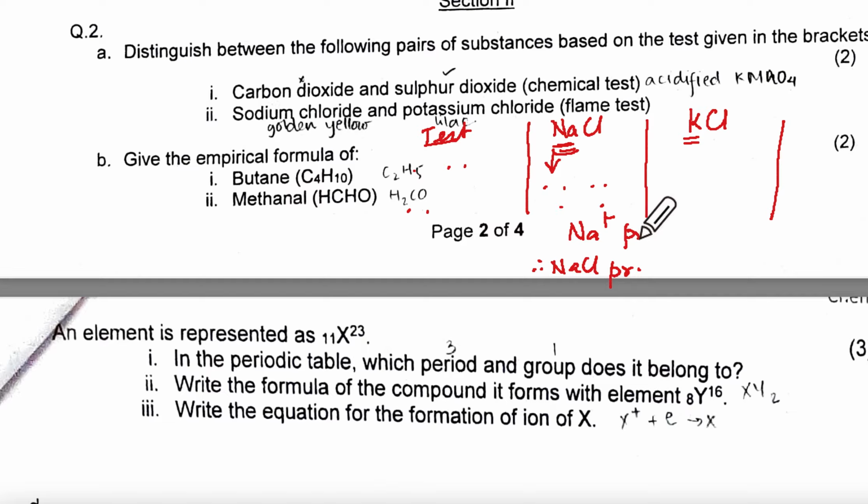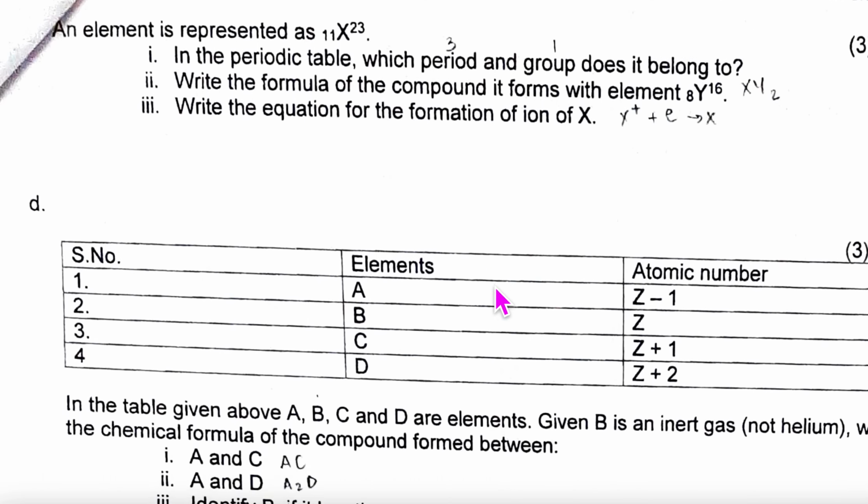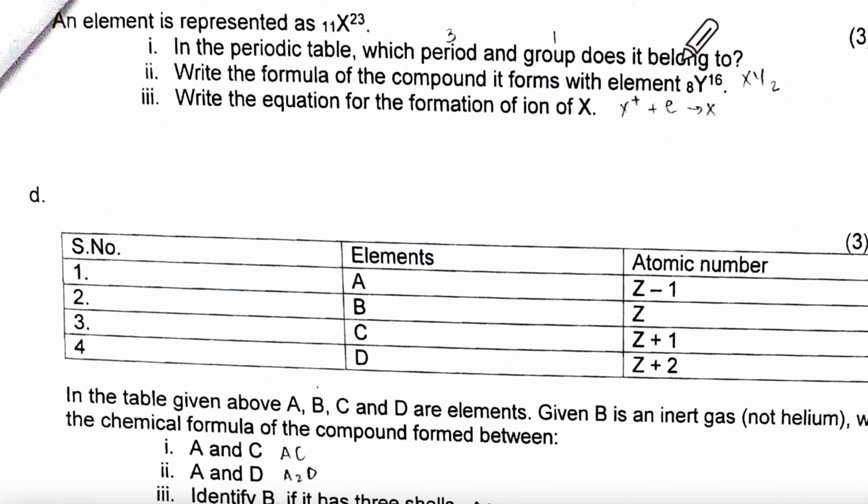Understanding? Then K. What you will write for this? Non-persistent lilac flame. Then K+ present. Therefore, KCl present. Easy. This is not there for you in your textbook. It was the old textbook that had it. Now look at this next one.